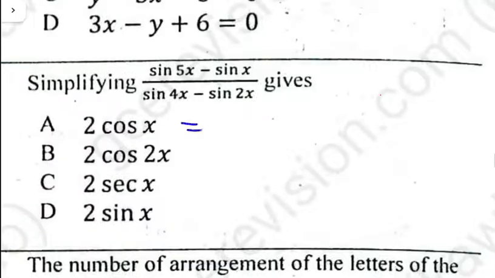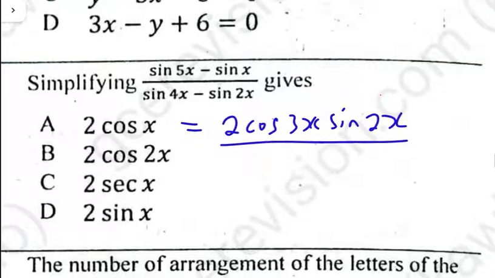So for the numerator, we are going to have 2 cos of (5x plus x) is 6x divided by 2, 3x. And then sine of (5x minus x) is 4x divided by 2, 2x. All this on the denominator, we are going to have 2 cos of (4x plus 2x), 6x divided by 2, 3x. And sine of (4x minus 2x) is 2x divided by 2, sine x.